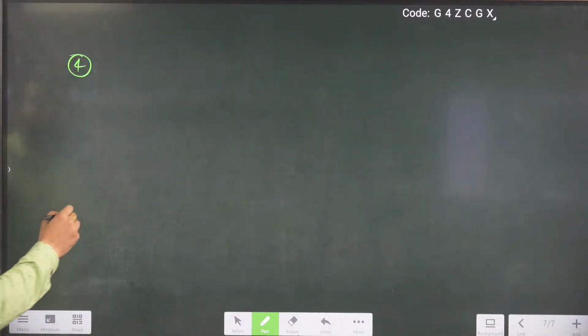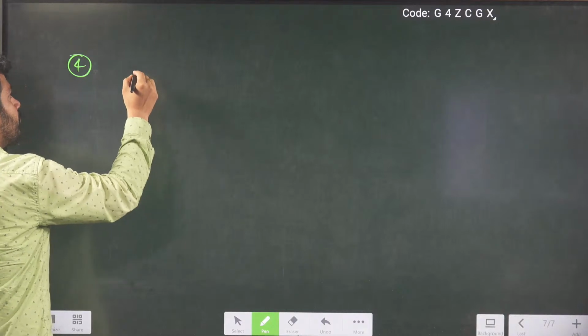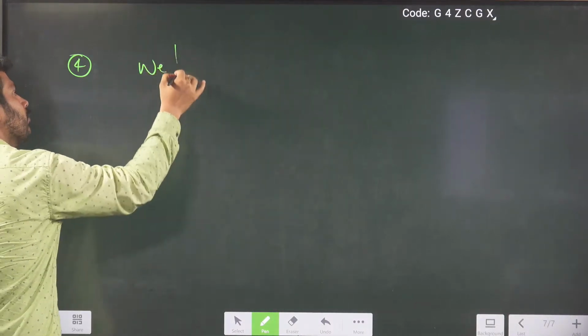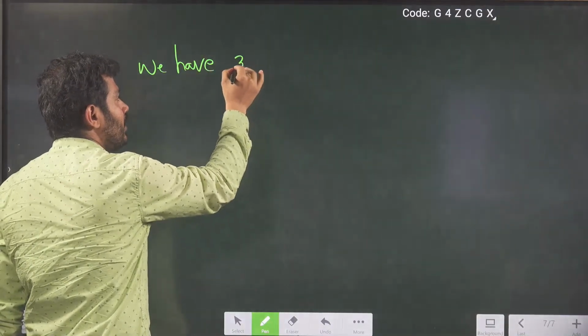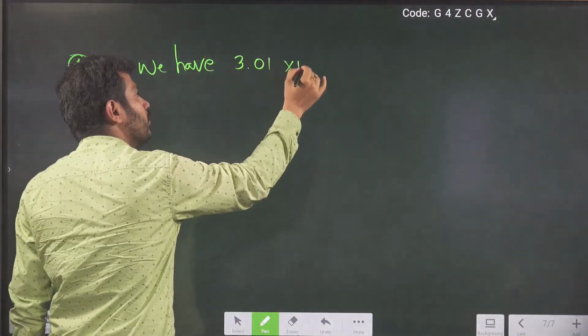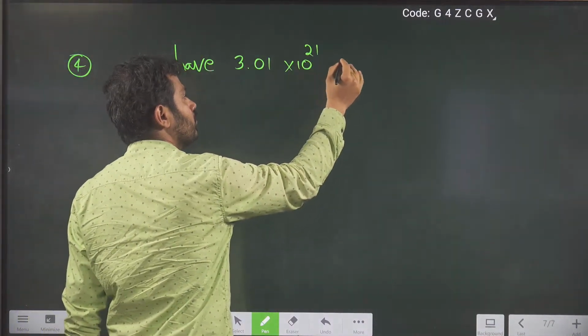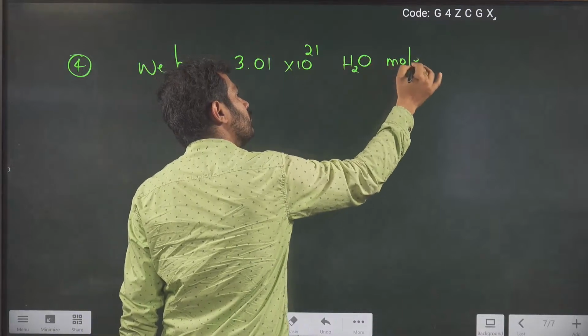The fourth question is, we have 3.01 into 10 to the power of 21 H2O molecules.